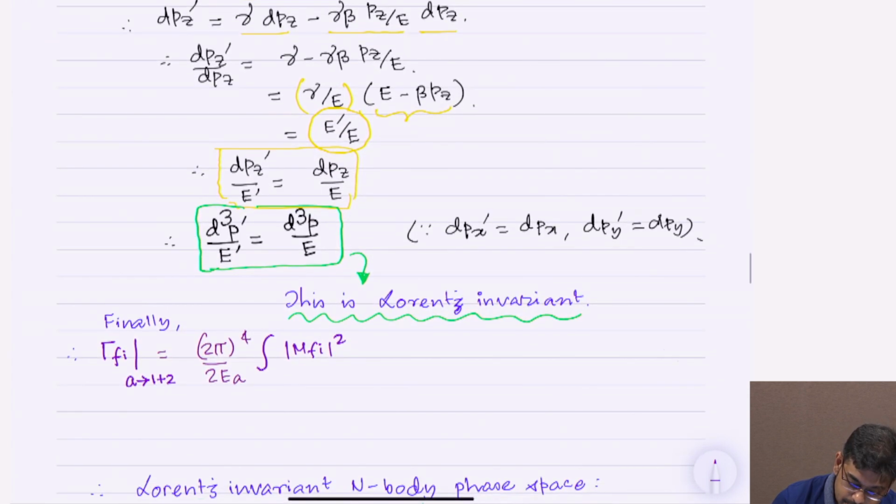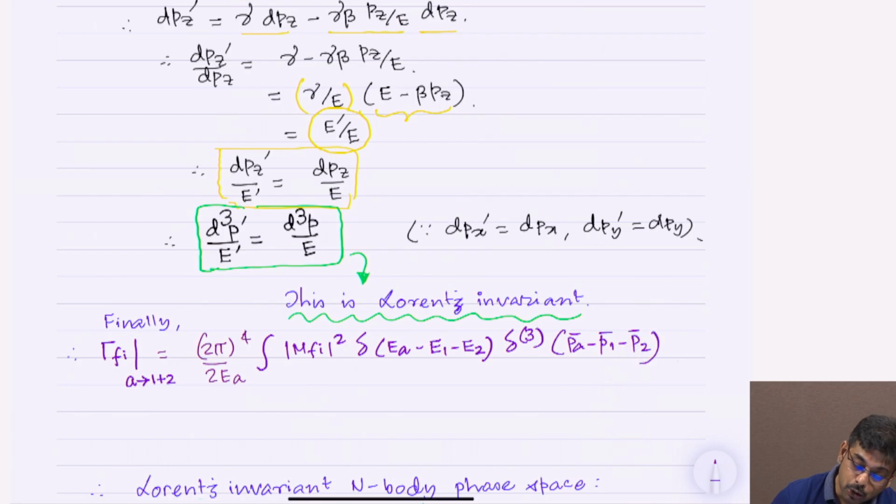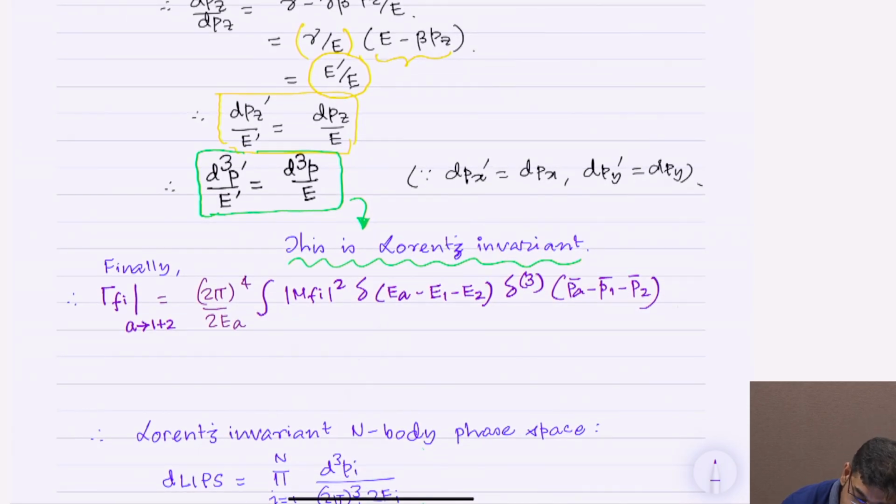There are two delta functions, one which makes sure that the energy of the process is conserved, Ea minus E1 minus E2, and the next factor is essentially the momentum factor del cube of, this is a 3 momentum, Pa minus P1 minus P2, and what remains are those Lorentz invariant phase space part.